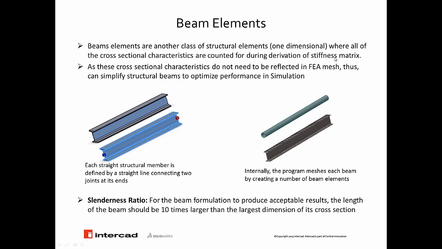Therefore, we can simplify our CAD geometry significantly and save a lot of time, not by going through the thickness or direction 1 and direction 2, and simply we get a very accurate result.